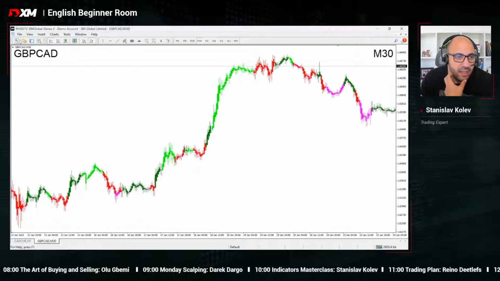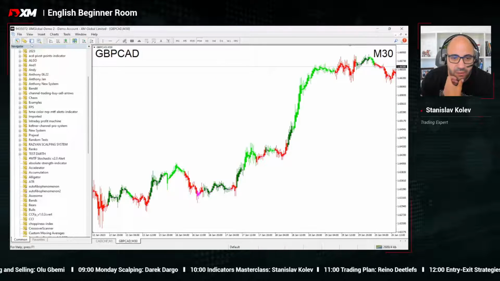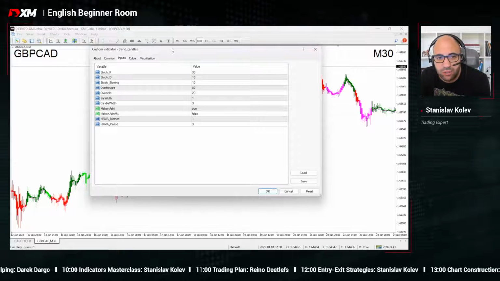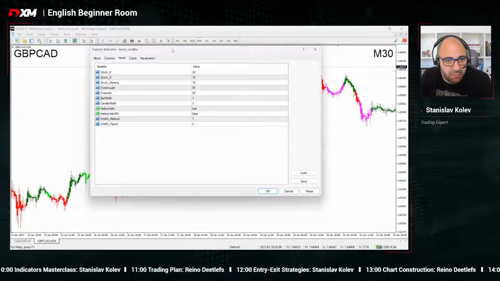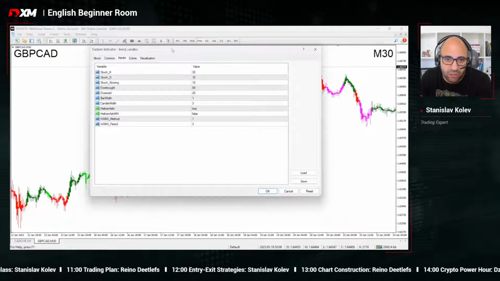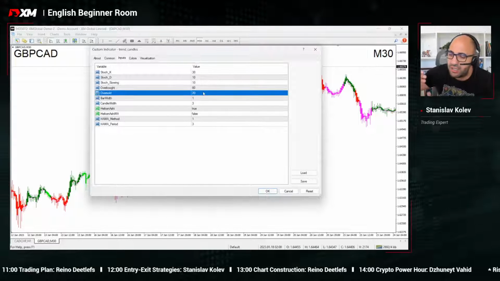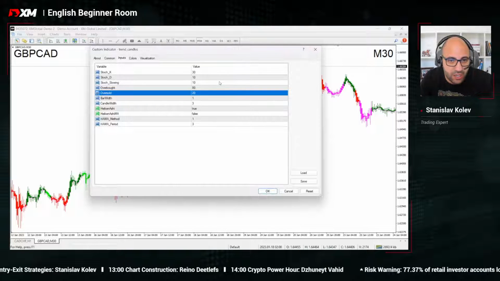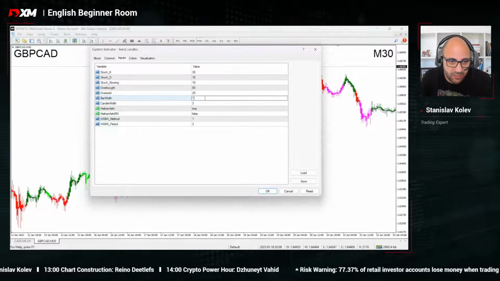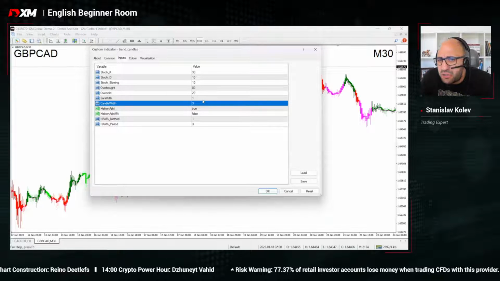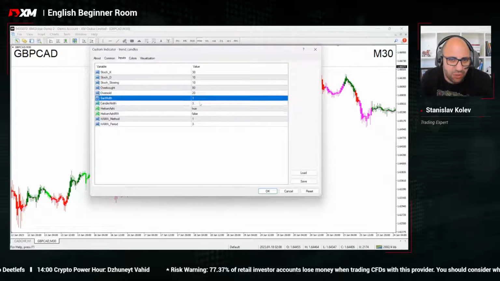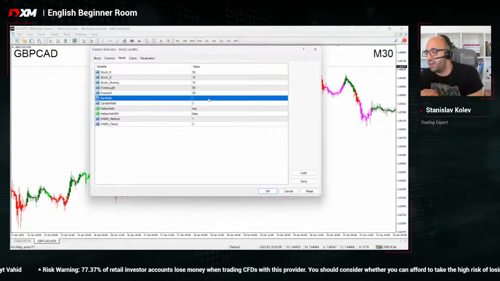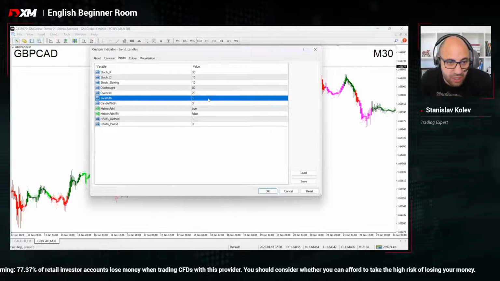And also you have overbought and oversold territory that you can adjust, coming from the stochastic. Also, you can change the width of the bar and the candle width, which is not really something that would improve the indicator. It's just more for a visual representation.